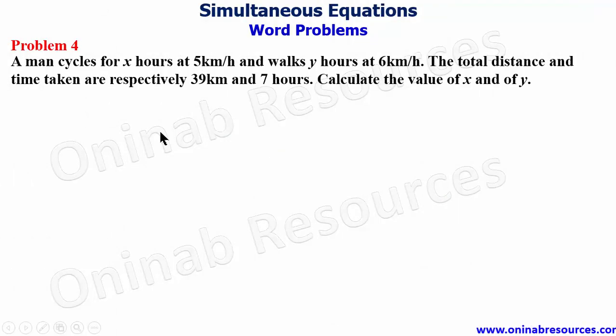For problem 4, a man cycles for x hours at 5 kilometers per hour and walks y hours at 6 kilometers per hour. The total distance and time taken are respectively 39 kilometers and 7 hours. Calculate the value of x and of y.